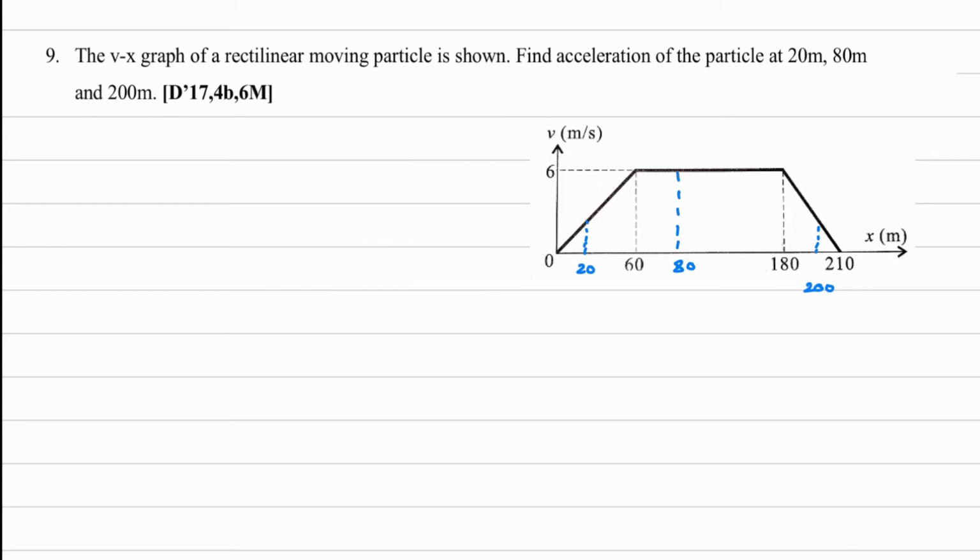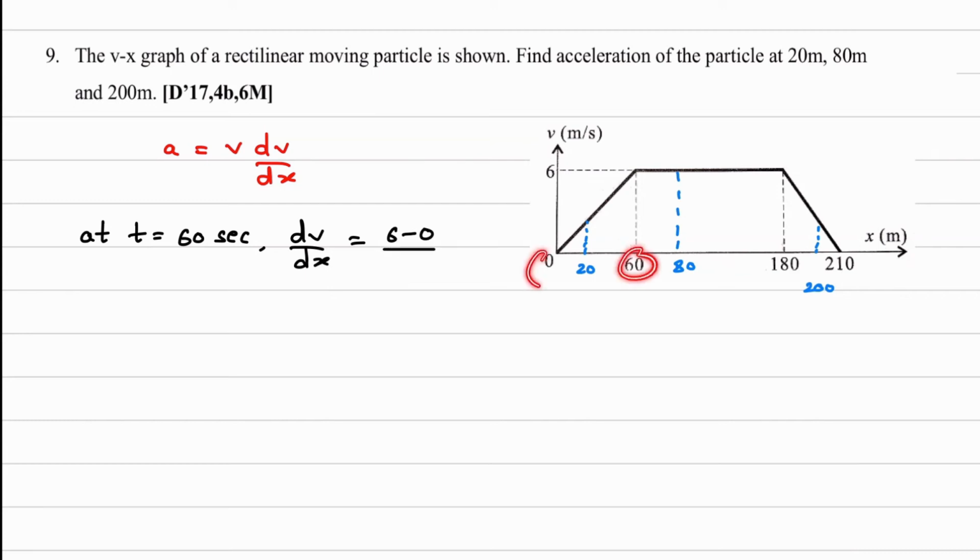Okay, so I'll write down the equation. Acceleration is equal to v dv by dx. We'll first calculate the slope. Okay, so at t equal to 60 seconds, what will be slope dv by dx? This is 0.2, this is 0.1. So dv will be 6 minus 0, divided by dx value, it will be 60 minus 0.